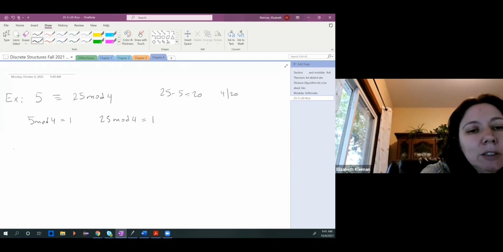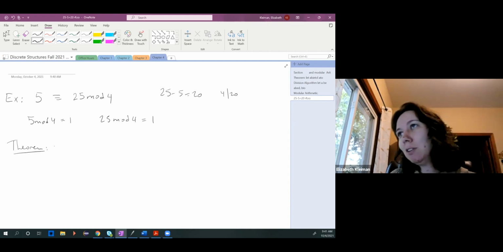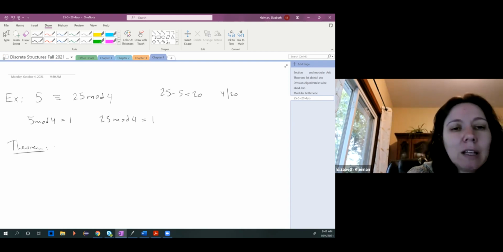This brings us to a theorem, which I have been using already and showing you.